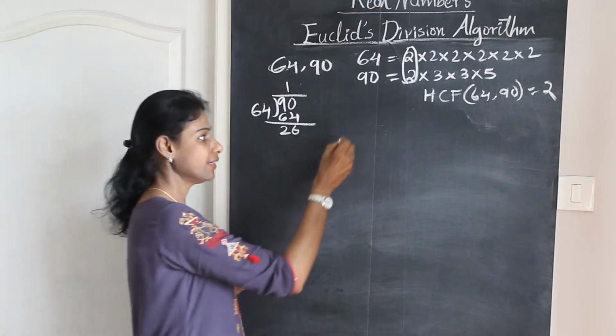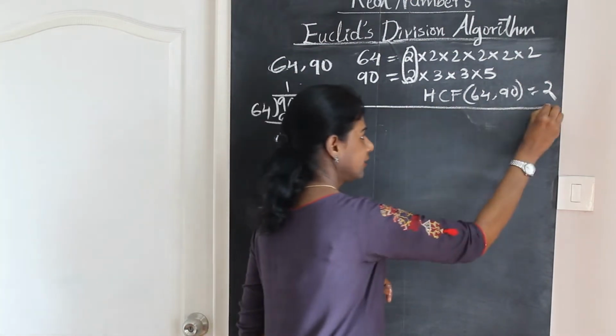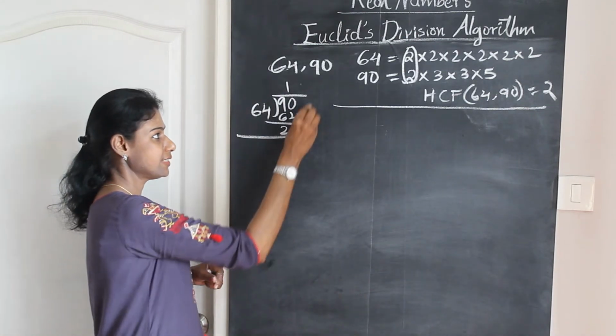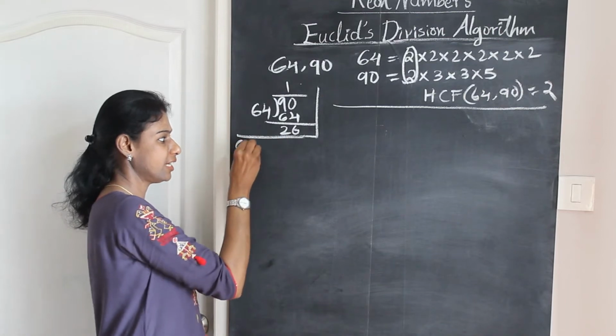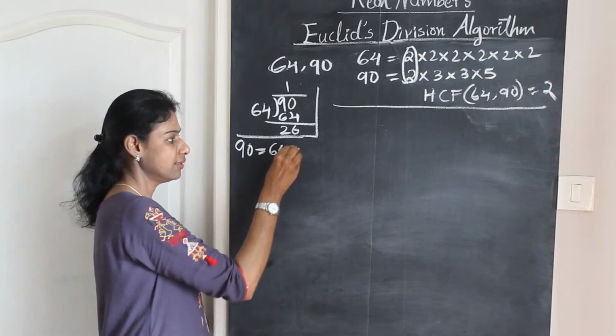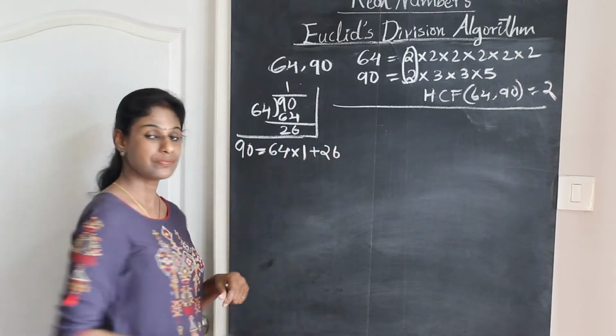And we can write it as, we know that the dividend is 90. So 90 is equal to the divisor, that is 64, multiplied by the quotient plus the remainder.